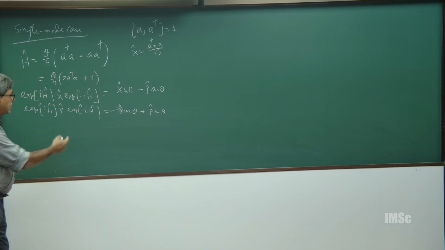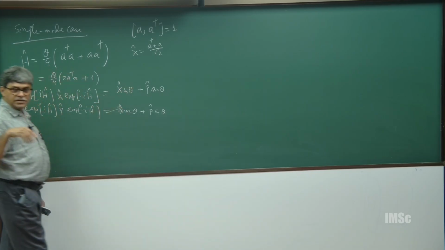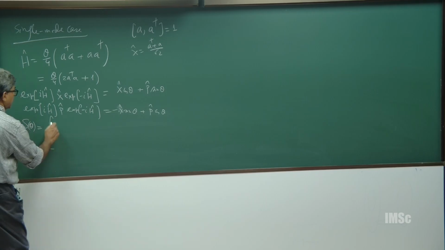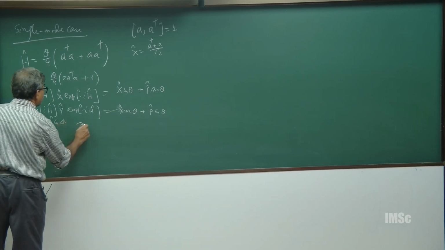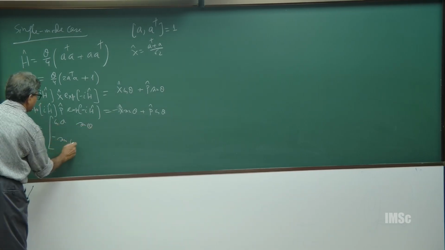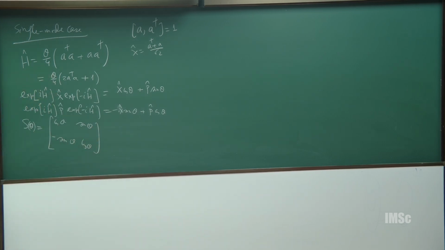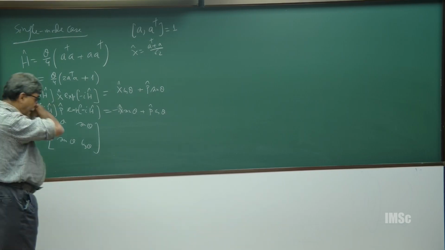Okay. Maybe here it is minus, here it is plus, we can see that, right. So, therefore, the symplectic transformation is basically this one: cosine theta, sin theta, minus sin theta, cosine theta, which will take this x p to this thing. Okay.